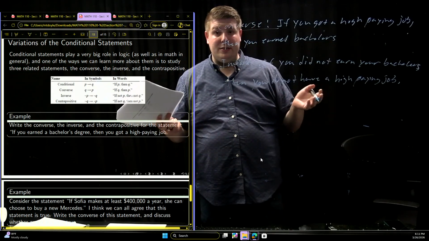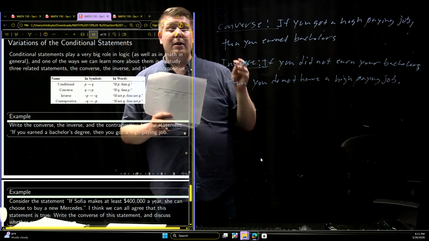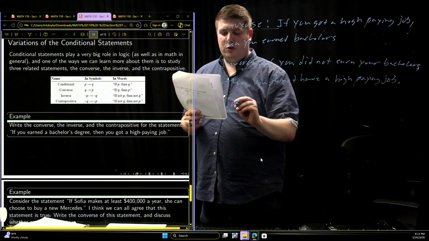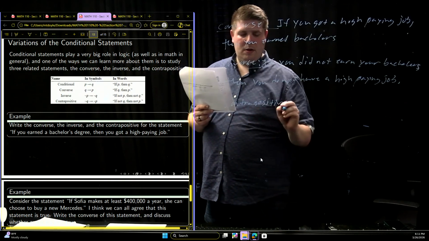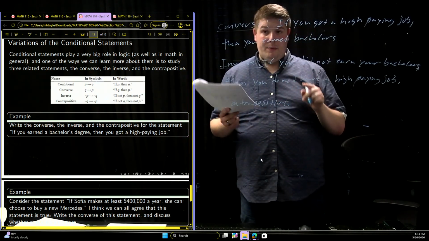Which is nonsense, right? So that's what I mean by statements can be logically correct but factually wrong. Okay, contrapositive. So remember, we flip it and then we negate both.